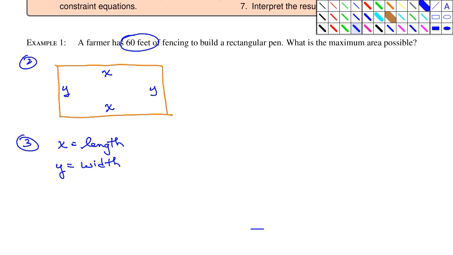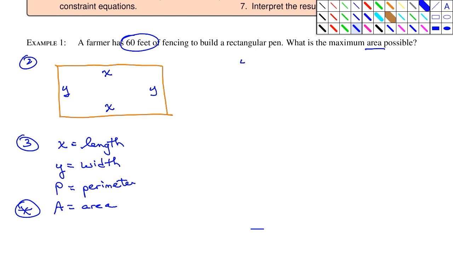The fencing is what goes around to create the pen, so that must be perimeter. And then the question is, what is the maximum area possible? So I definitely need area. And area is the one I'm trying to optimize, so maybe I'll put a little star there.